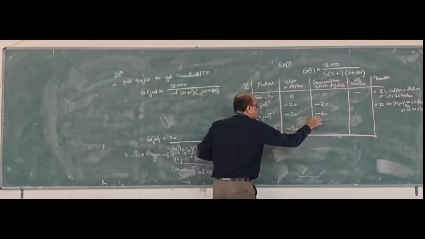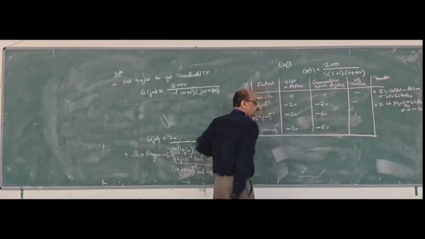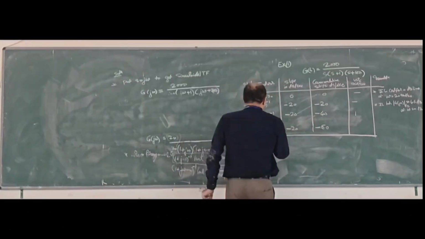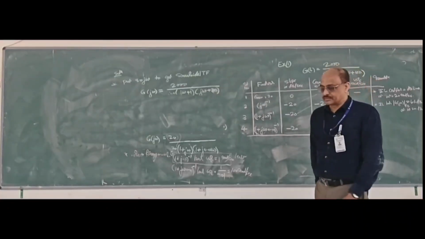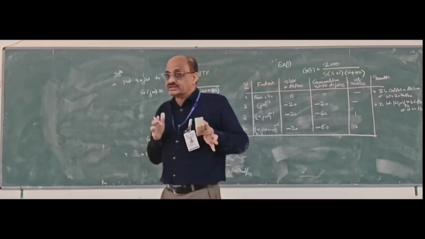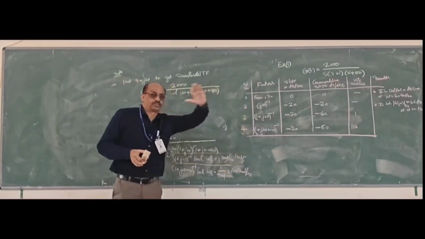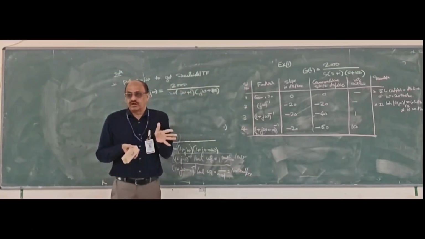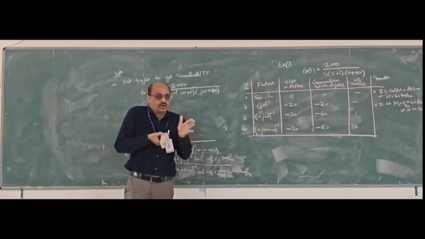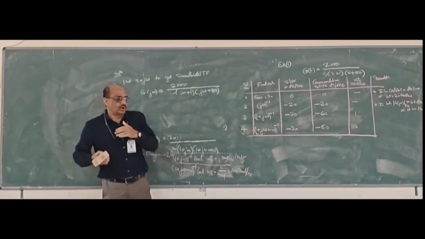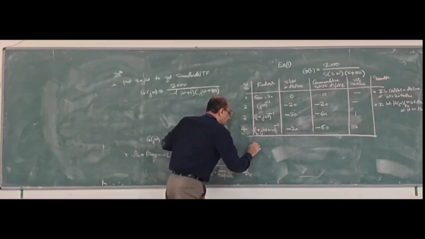Add these two: minus 20 plus minus 40 is minus 60 dB per decade. The corner frequency is the reciprocal of this, 100 radians per second. We have done this. We have prepared the table for the magnitude plot, dB versus omega. What next? I have to now go for the phase angle.